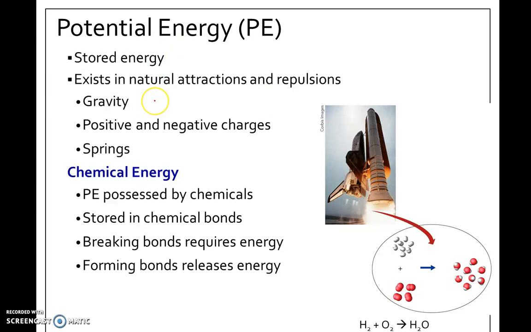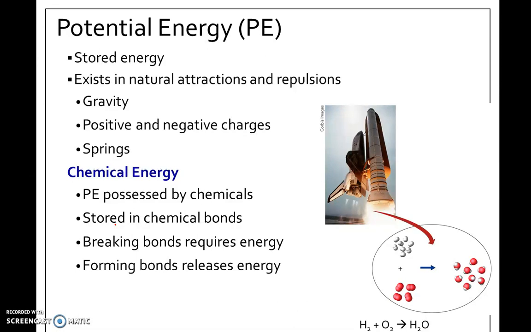Potential energy, we saw examples in chapter 1 from gravity. We talked about the car going over. We could talk about springs, positive and negative charges, and chemical energy. Potential energy is possessed by chemicals and stored as bonds. Breaking bonds requires energy, so you have to put energy into the system to break bonds. Forming bonds releases energy.